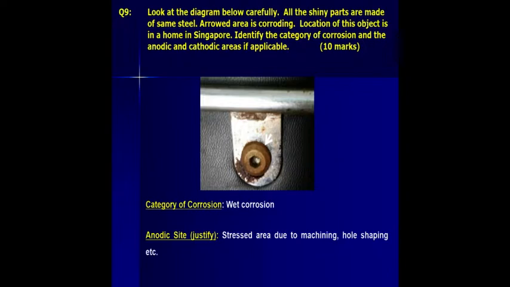Now why it is the anodic side, some of you have got it correct actually, that this area may be stressed because of the shape it has. It is the one which is operated with a key or screws or wrenches or whatever, so it has more stress. So some people say it has more stress, so it corrodes. Many of you have got it right that way.